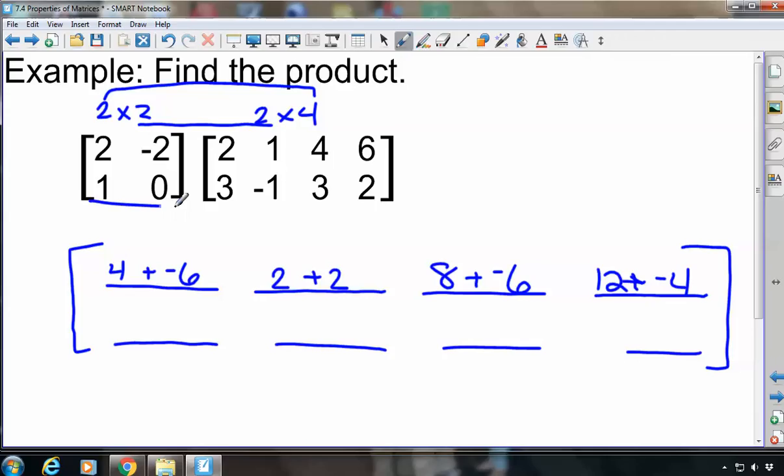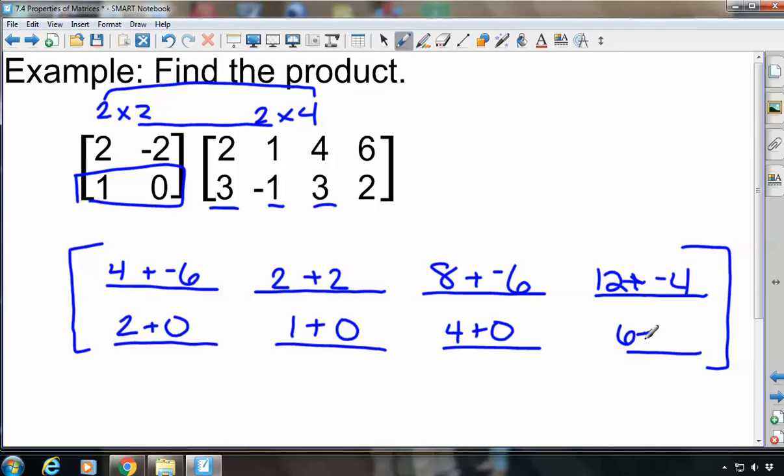Moving on, next we have row 2, column 1. So that would be 2 plus 0. Row 2, column 2. 1 times 1 would be 1. 0 times 1 is 0. Row 2, column 3. We get 4, 0.